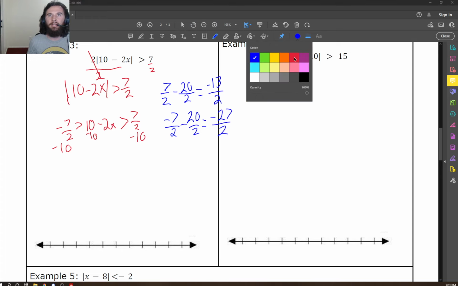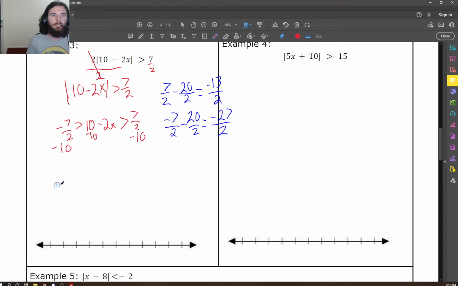So going back down to my inequalities, it's going to be negative 27/2 is greater than negative 2x is greater than negative 13/2. And now you're probably thinking we got to divide by the negative 2x, and you're right.